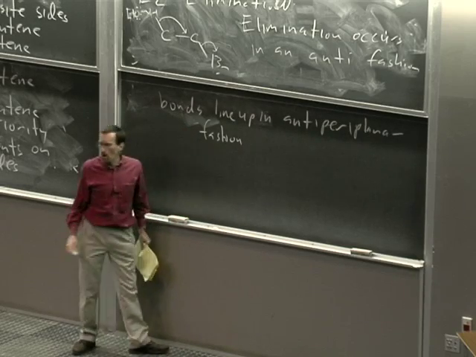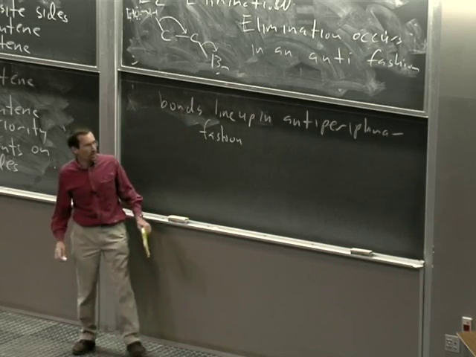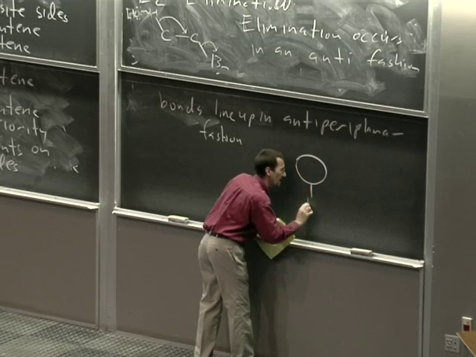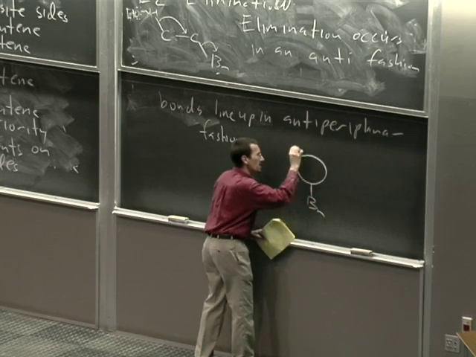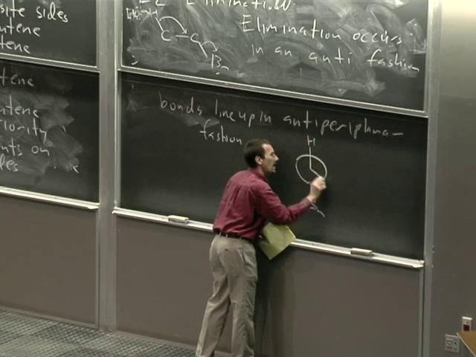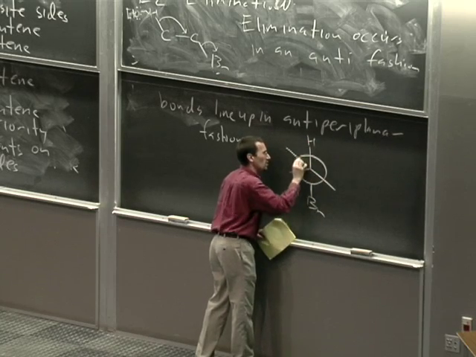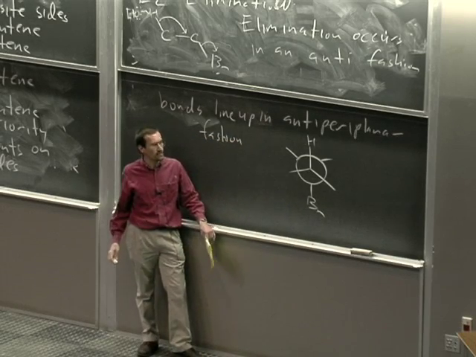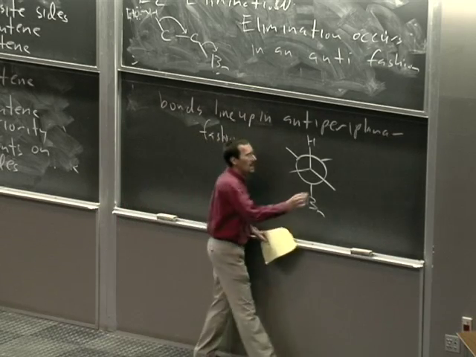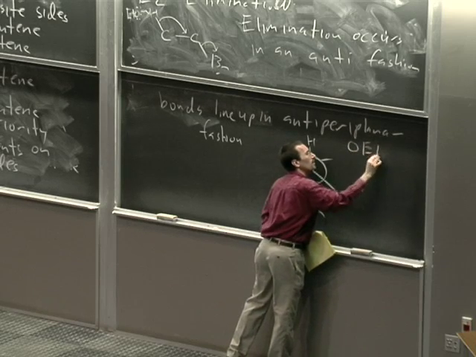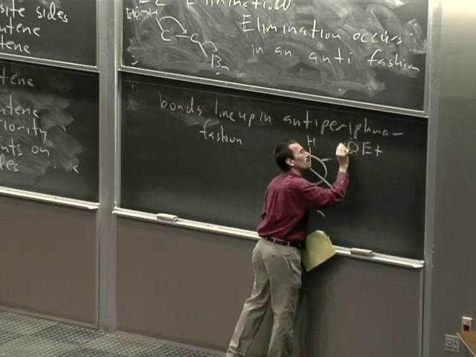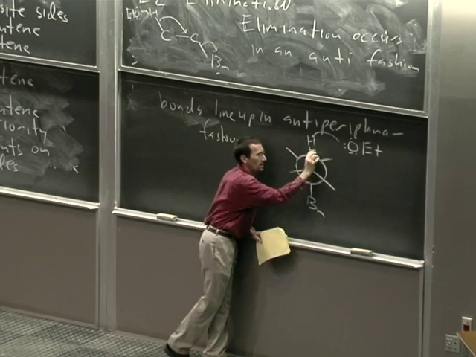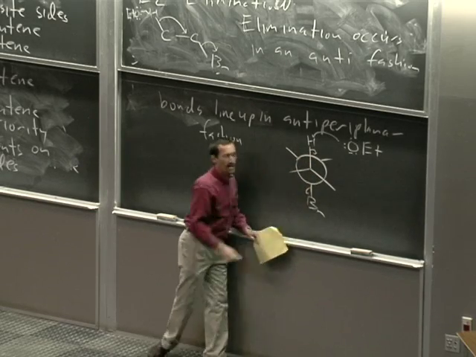If I were to draw a Newman projection, what we would see is that in the reactive state, here's our bromine, here's our hydrogen, and I'll fill this out just by showing lines because I haven't specified our substituents. And our ethoxide is coming in, we're pulling off the proton, and we're kicking out the bromine.